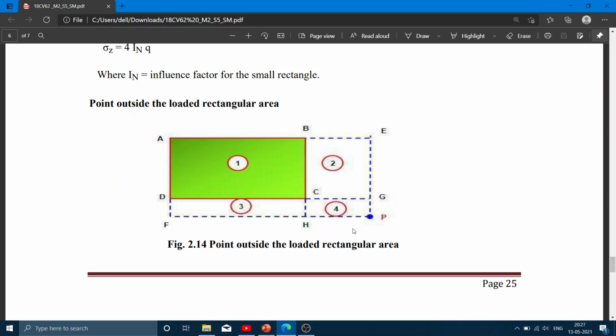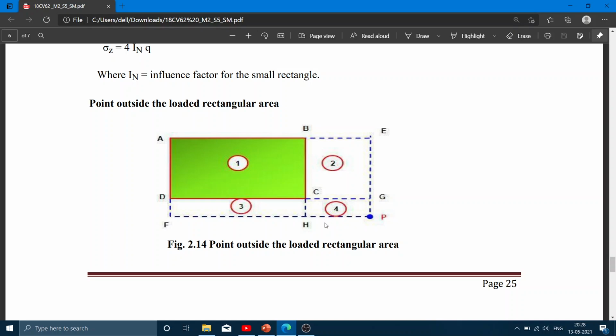The figure shows a point P outside the loaded area ABCD. In this case, a large rectangle AEPF is drawn with one corner at P. Now rectangle ABCD is equal to rectangle AEPF minus rectangle BEPH minus rectangle DGPF plus rectangle CGPH.